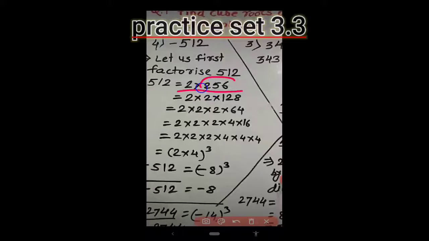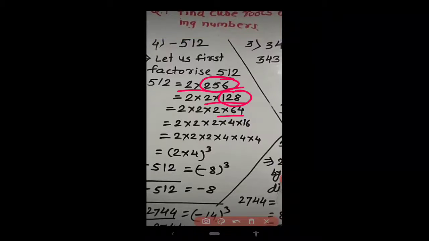Again 256 is written as 2 into 128, 128 is again written as 2 into 64, and this 64 is written as 4 into 16. 16 is written as 4 into 4.